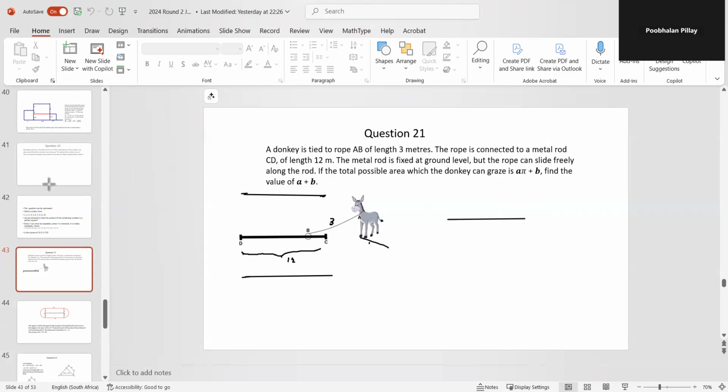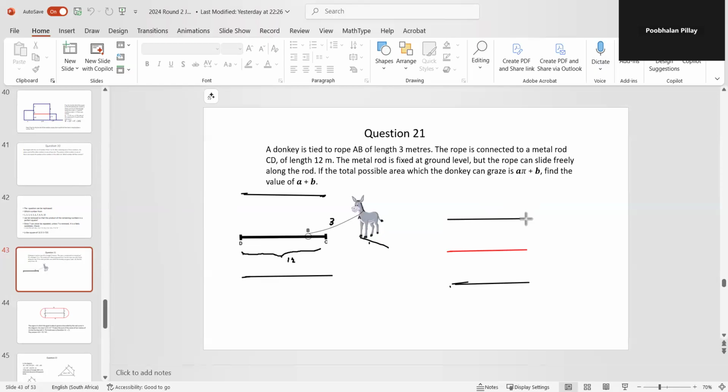And then you have, let's give another color to the rod. And then you also have the bottom boundary. Now these are 3 meters away from the red line.